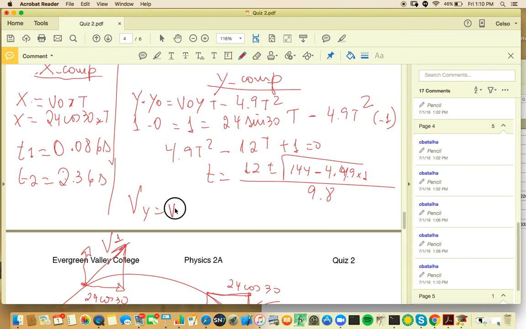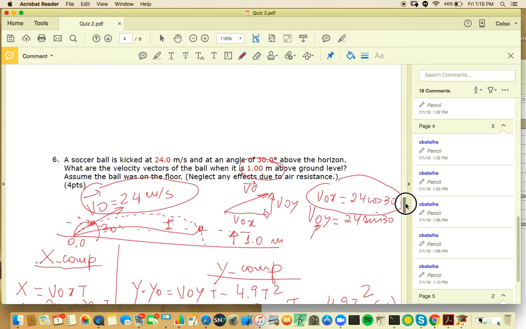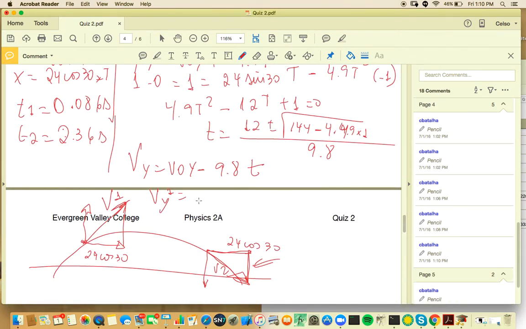Vy is equal to V naught y minus 9.8t. So the first velocity, V naught y is 24 sine 30, which is 12, minus 9.8 times 0.86 seconds, and it's getting messy. And then your Vy, the second one, is 12 minus 9.8 times 2.36 seconds. So you have the two velocities.